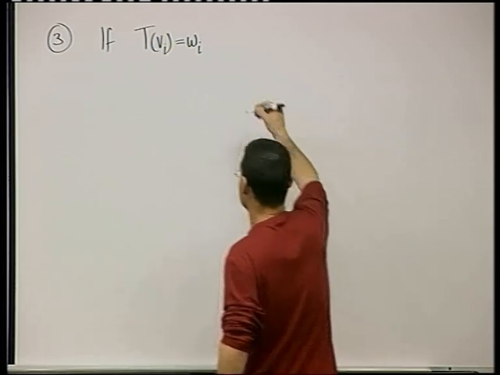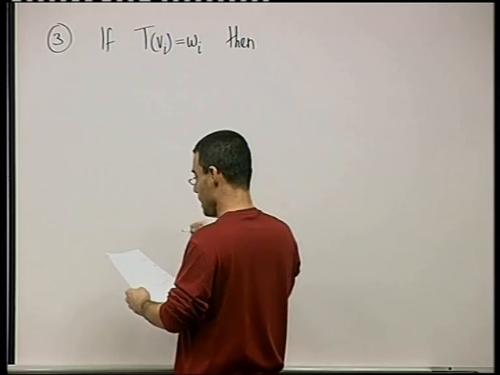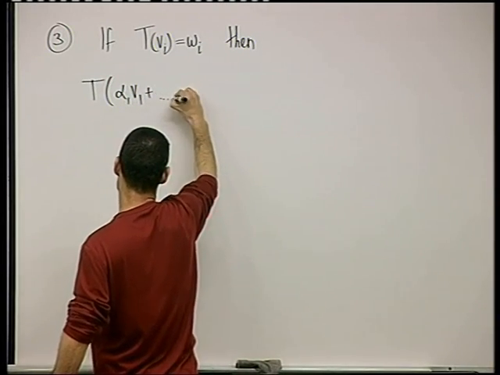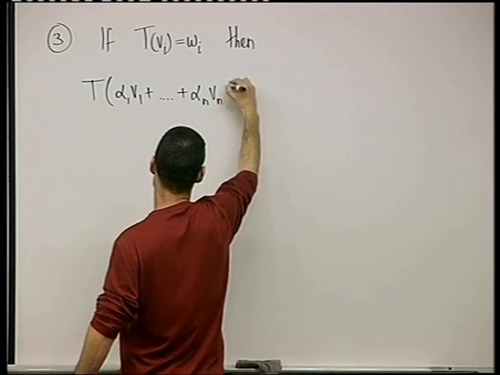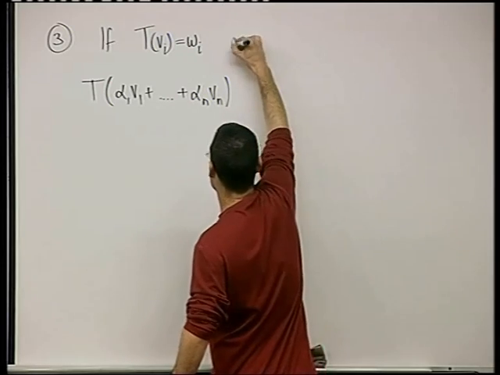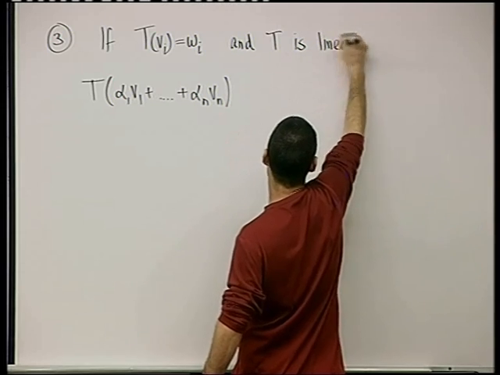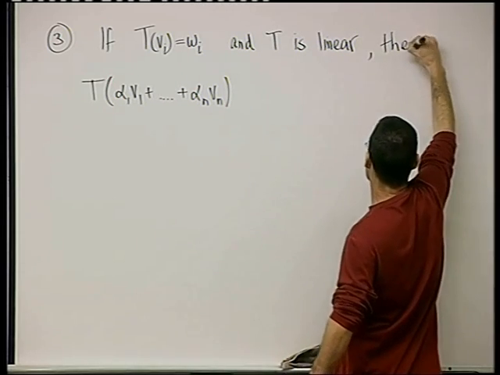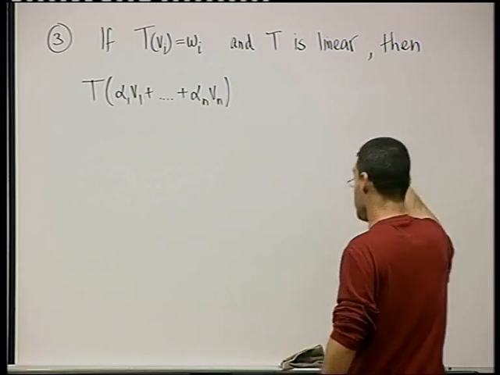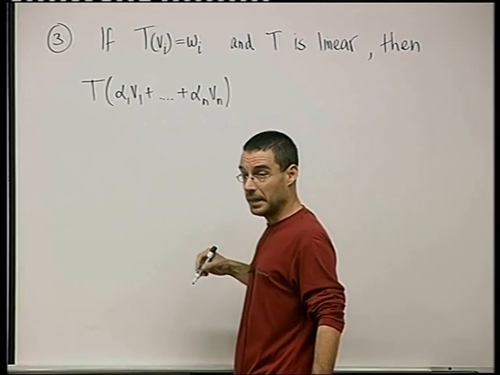Okay, then what is T of alpha 1 V1 plus alpha n Vn? So if T of Vi equals Wi and T is linear, we're assuming that we have a linear map that does that, and we want to show that it's precisely the T from the theorem. So if T is linear and does that, then what is T of a linear combination?